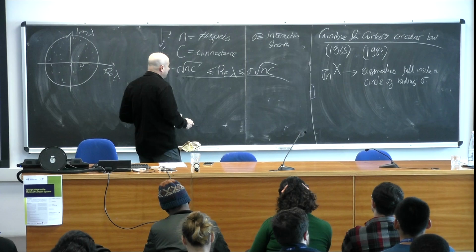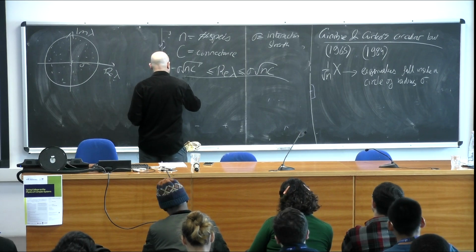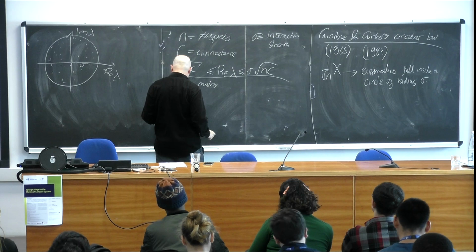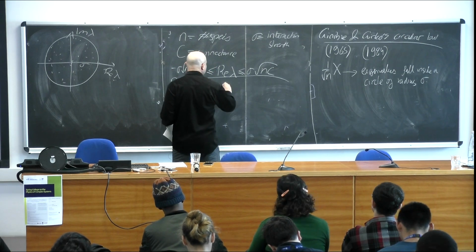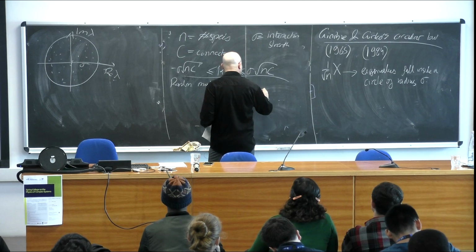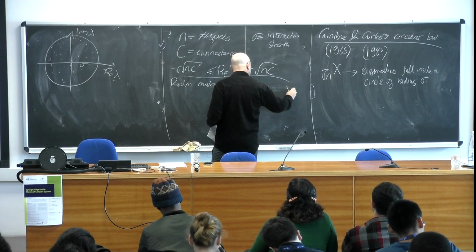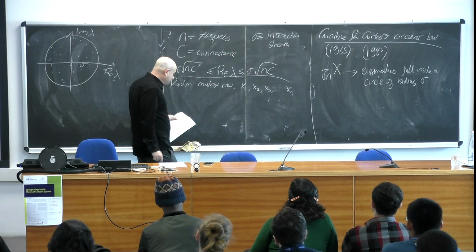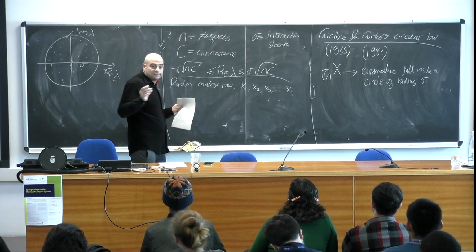We have our random matrix, and we take a single row which has elements x1, x2, x3, and so forth until xn. And it's composed of 2 parts.